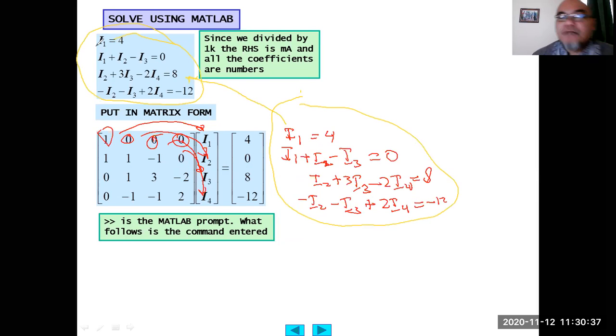So be careful. Practice and practice how to convert this kind of multiple equations into a matrix format. This makes solving problems much easier, because after you put it into the matrix, you can use MATLAB or Octave to solve and obtain the values of I1, I2, I3, and I4.